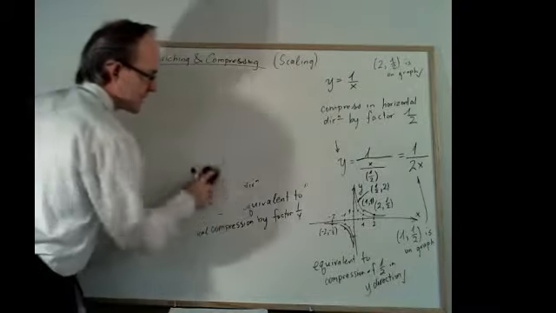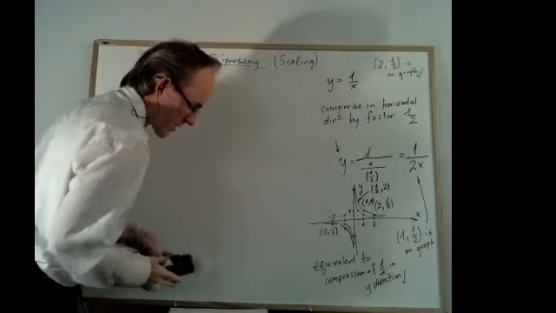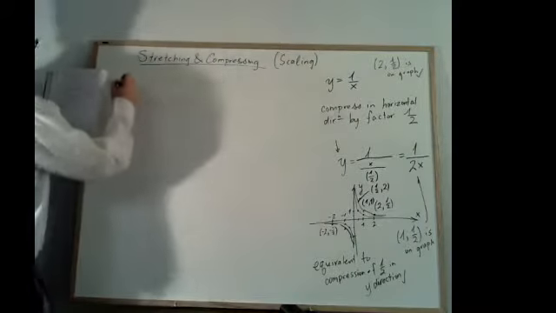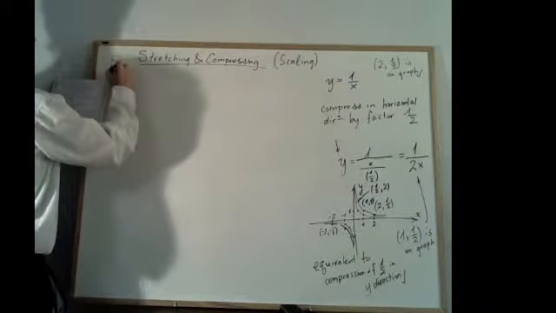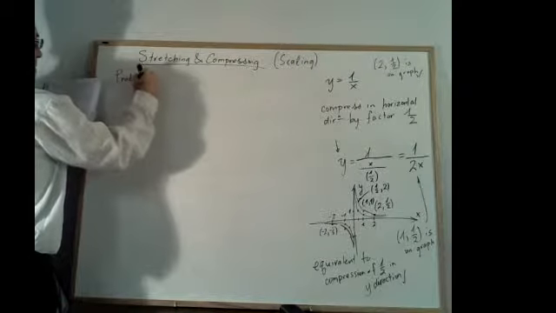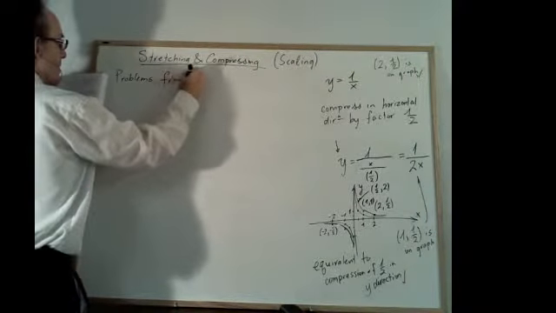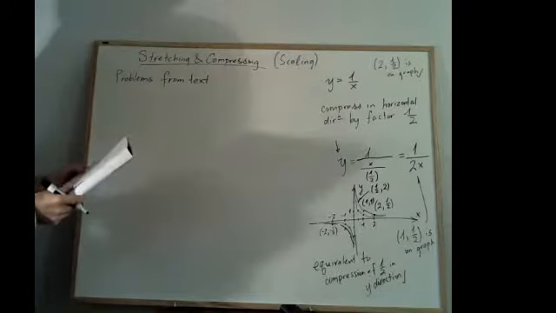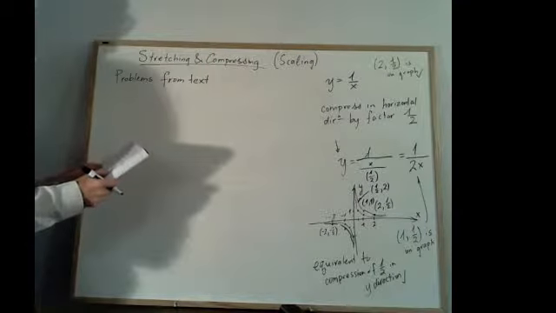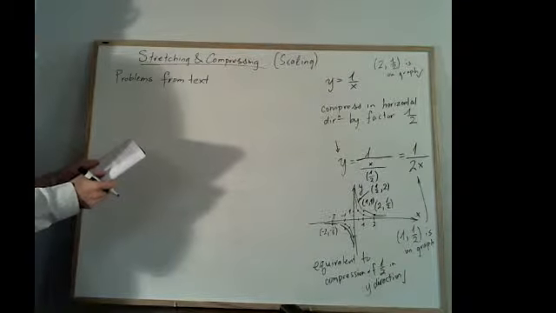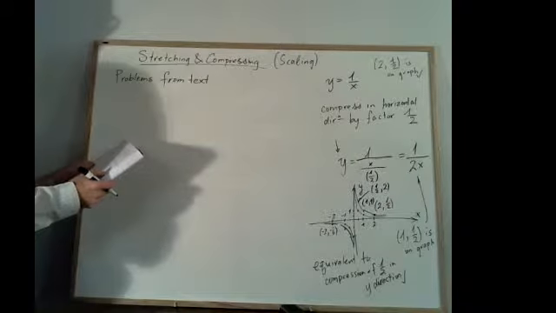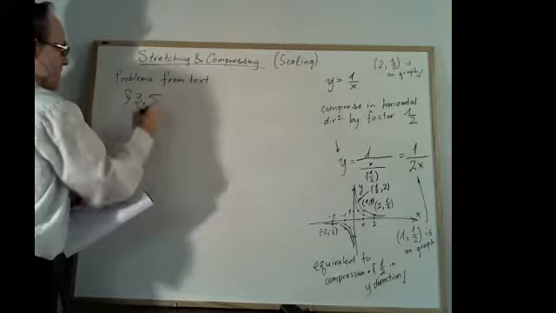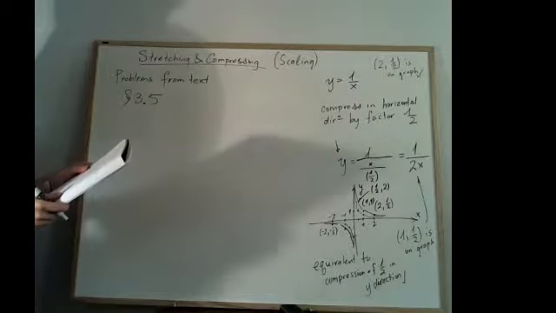So now let's do combinations of these operations. There are some exercises in the book which I refer to here, so problems from the text. This is section 3.5, the part on transformations.